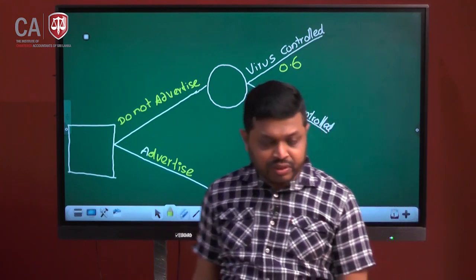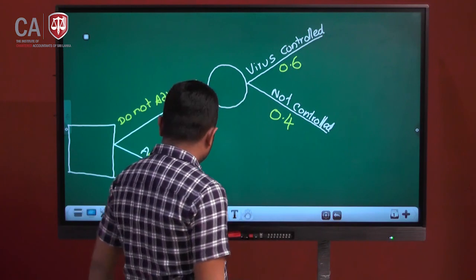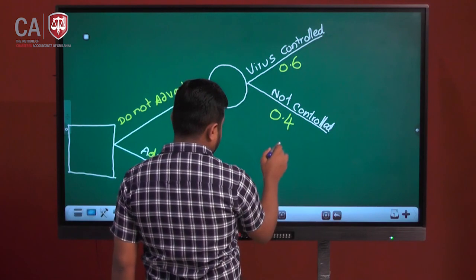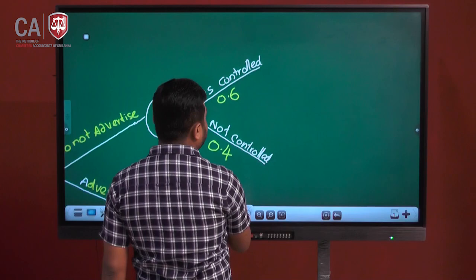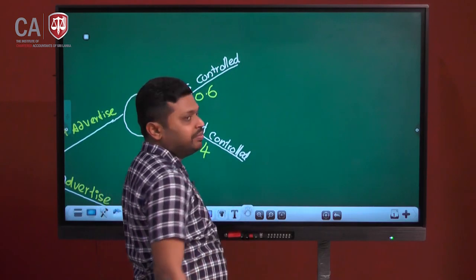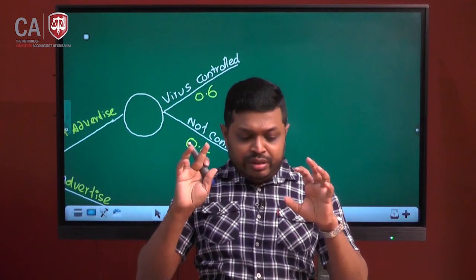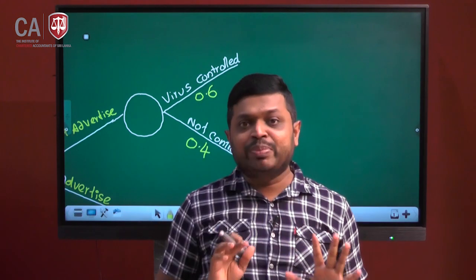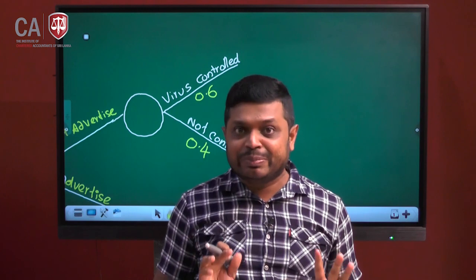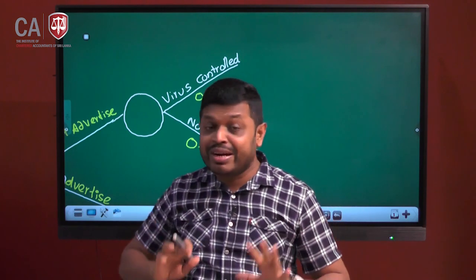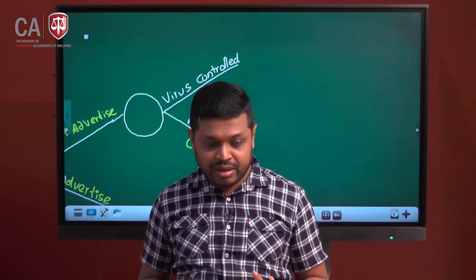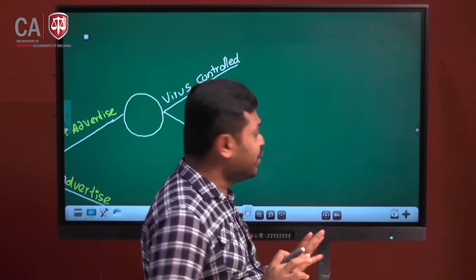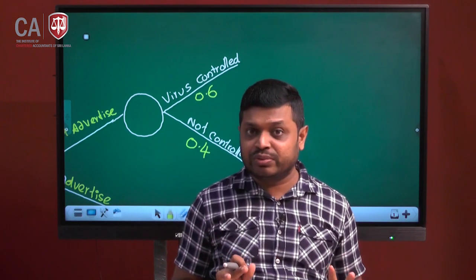Now, if the virus is controlled, the occupancy rate will be 70%. Then total room nights available, how much?